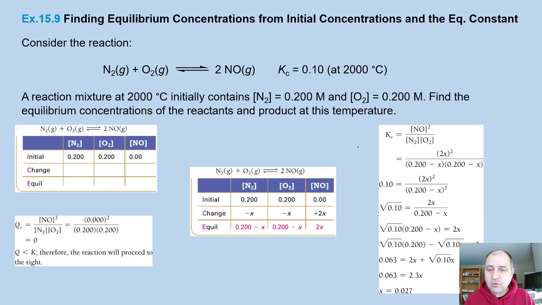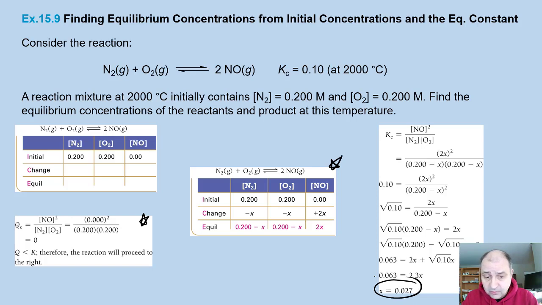And then once you do that, so here's the ice table we worked out. That's the most difficult part. We didn't really need this because we knew it was going to shift to the right. And then we end up solving for x, which is 0.027. And what is it actually asking for? Find the equilibrium concentration.